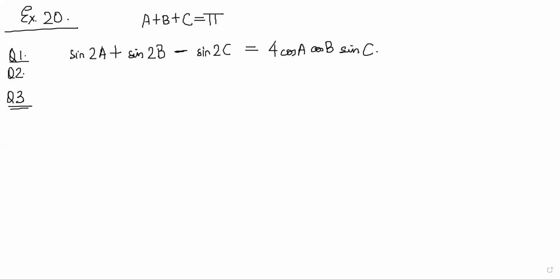Use your sin C plus sin D identity, and then at some crucial stage, you will have to use the fact that A plus B plus C is pi.